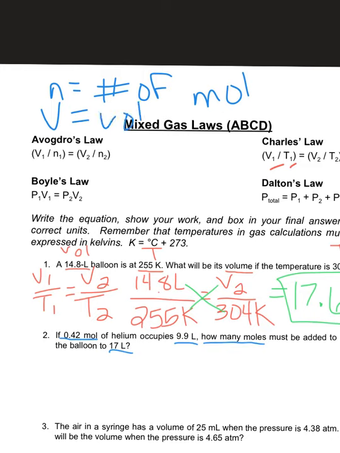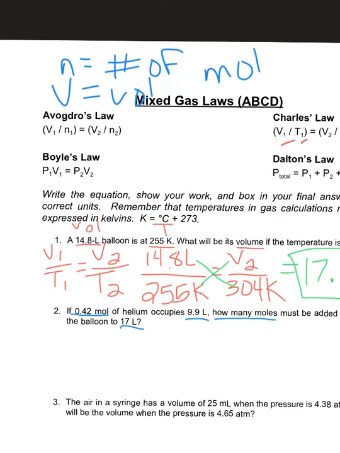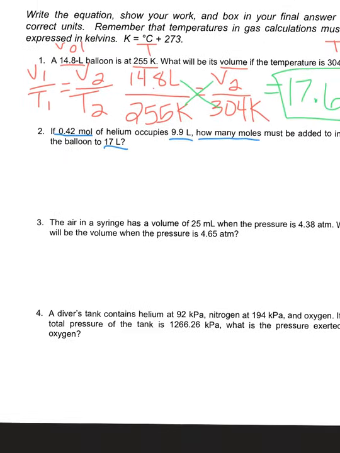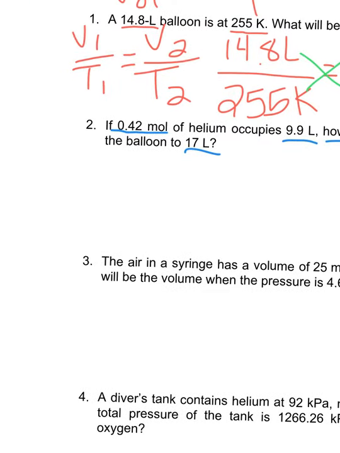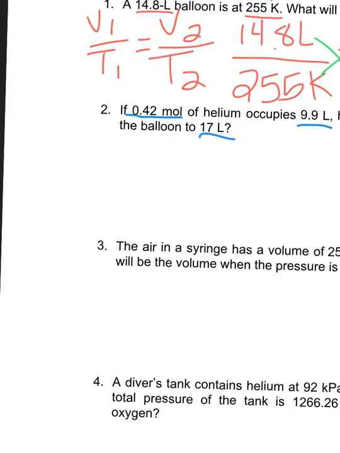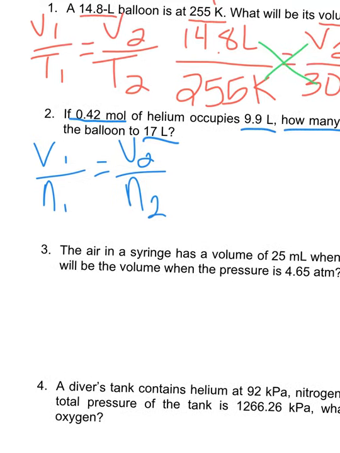We calculate our volume in liters. So Avogadro's law. So V1 over N1 equals V2 over N2.